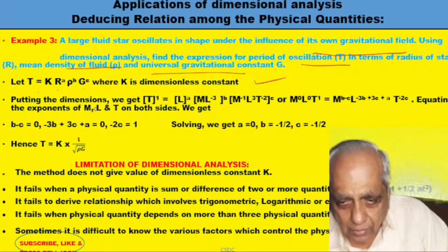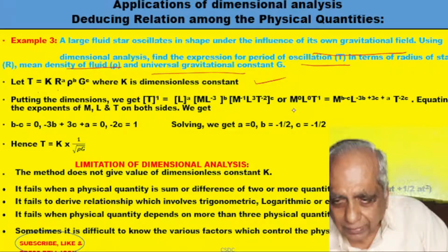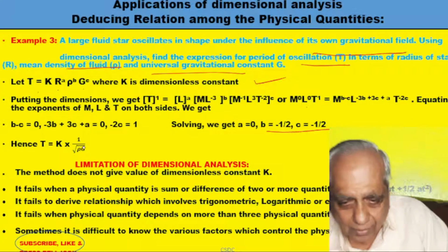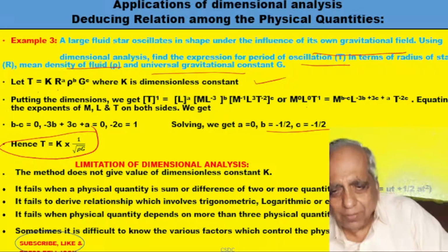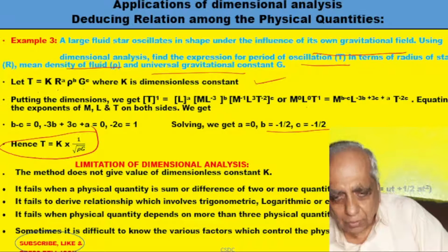Now the left hand side can be written as m raised to 0, L raised to 0, t raised to 1. Equate these and you will get the answer: b is equal to minus half, c is equal to minus half. So t is equal to k into 1 upon root of rho g. So you see, now you are able to derive the formulae, a relation between physical quantities.